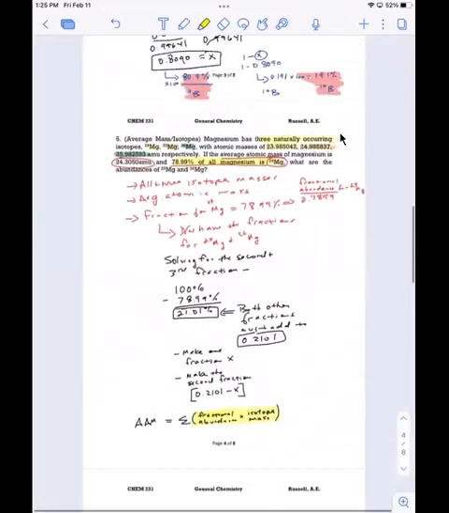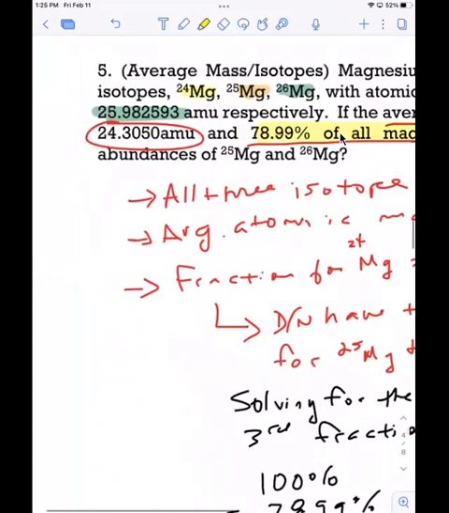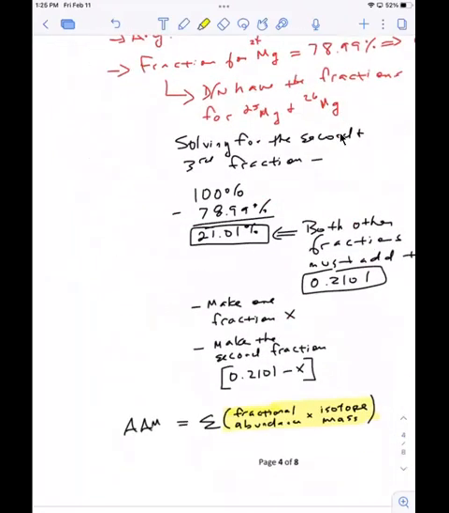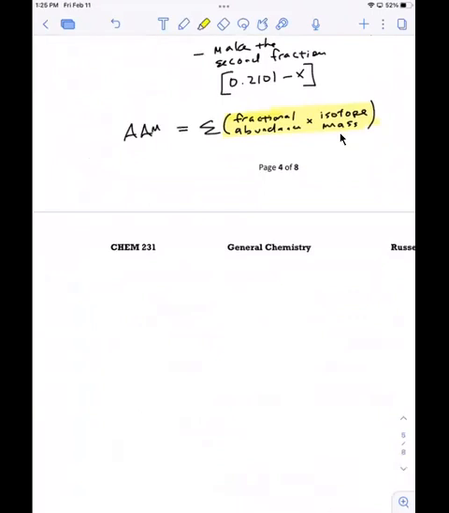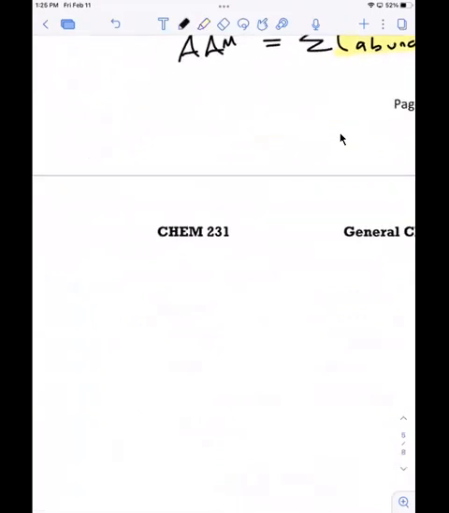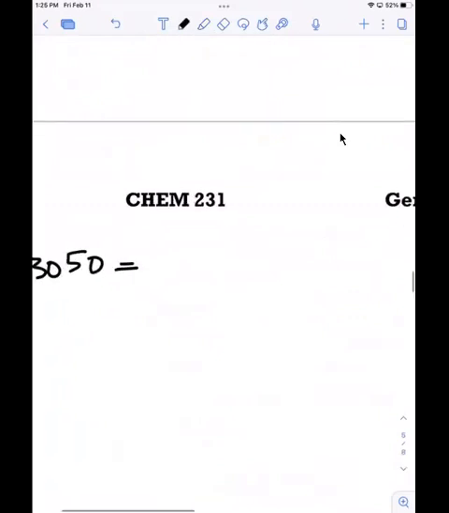So we know the average atomic mass that was given, which is here, 24.3050. So I'm going to use that, and I'm going to put that here and set that equal to 0.7899 times the magnesium 24 mass, which is 23.985042.